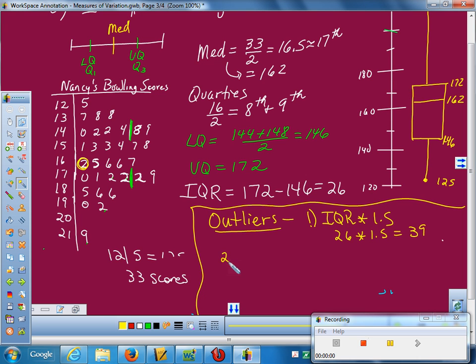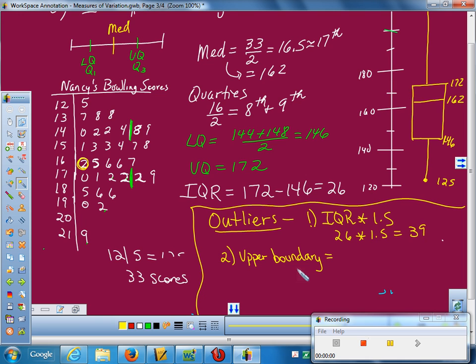So you have to find where the boundaries are. We'll do the upper boundary first. It tends to make more sense. Where's the boundary for an outlier? I said if it's more than, in this case, 39 away from the edge of the box. What's the top edge of the box? 172.